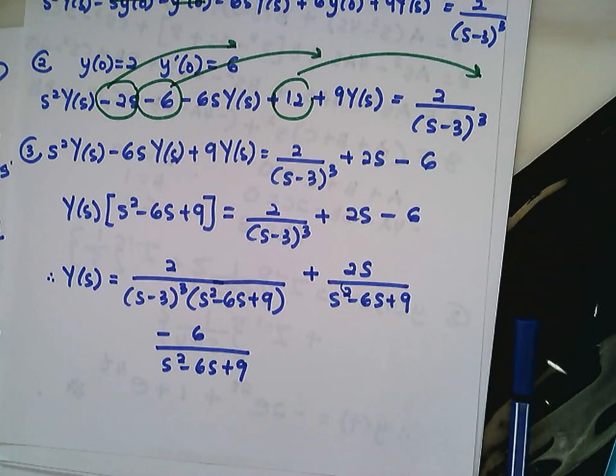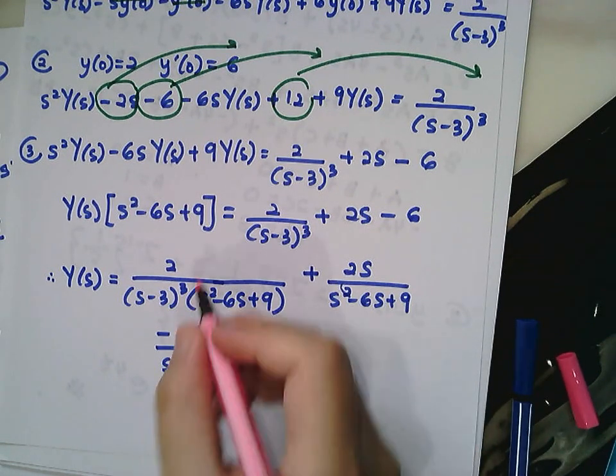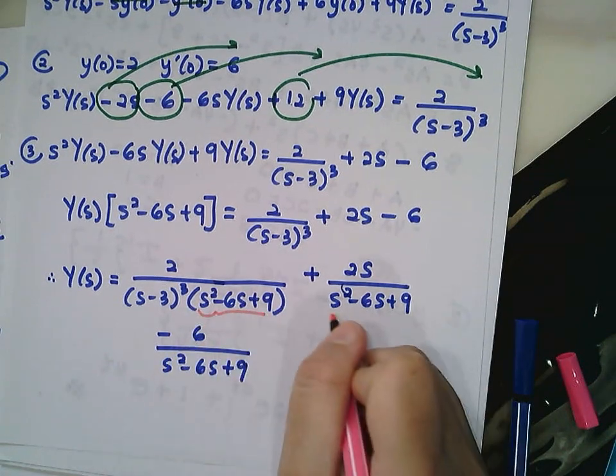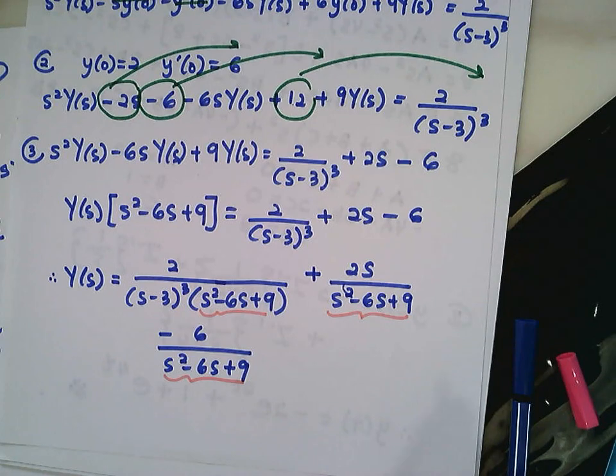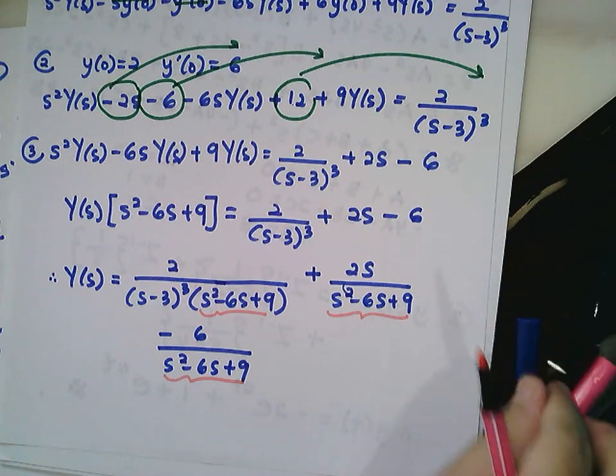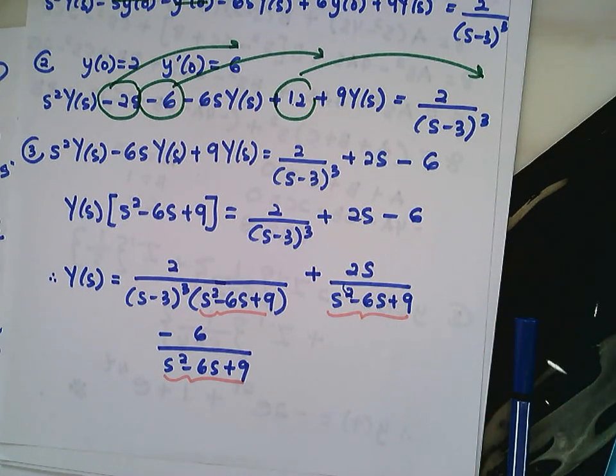So as you can see here, you have a quadratic function s squared minus 6s plus 9. Remember, I told you before, if you want to proceed with the partial fraction and you have a quadratic function, you need to factorize if possible.